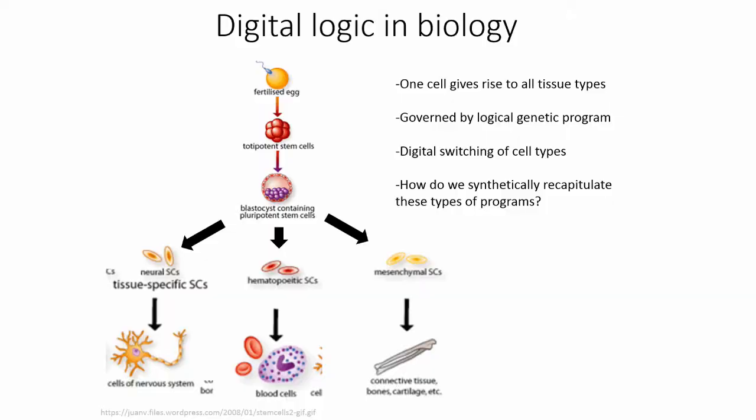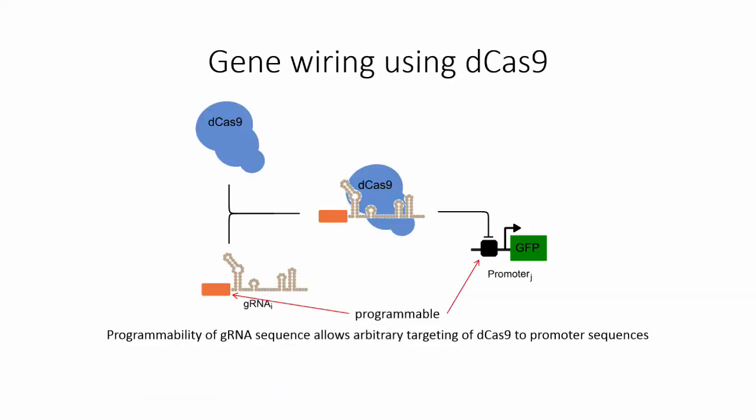So from one set of DNA sequence, you end up getting all the different tissue types that make up you and me. This is arguably the most powerful process in biology because it creates us. So how could we recapitulate this kind of behavior, where we're taking information in, making a decision, and actuating some biological output?